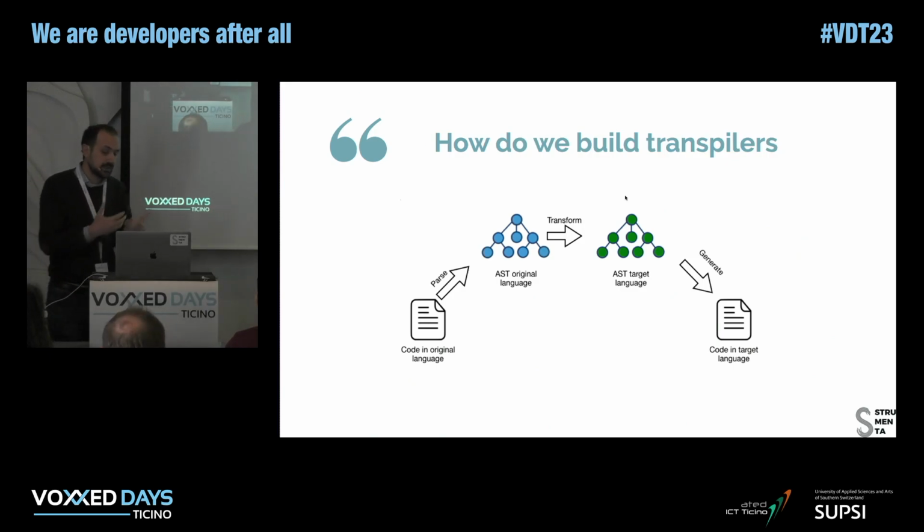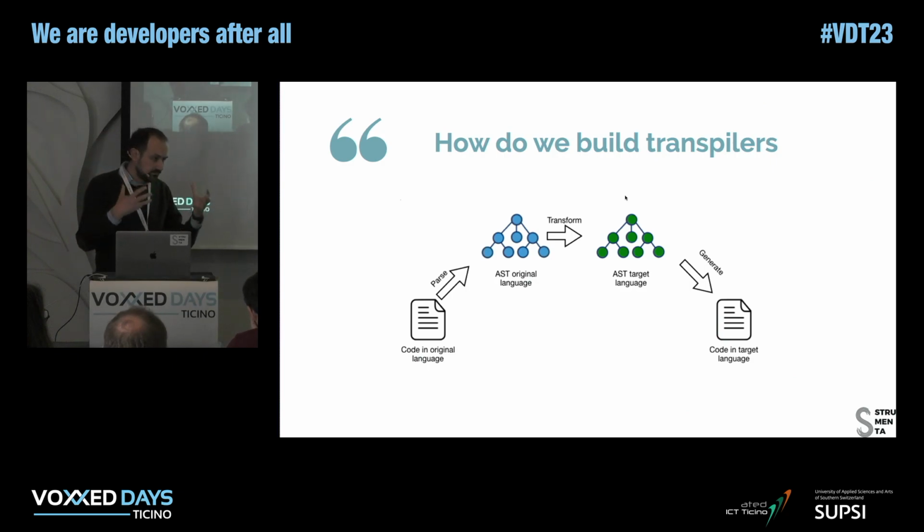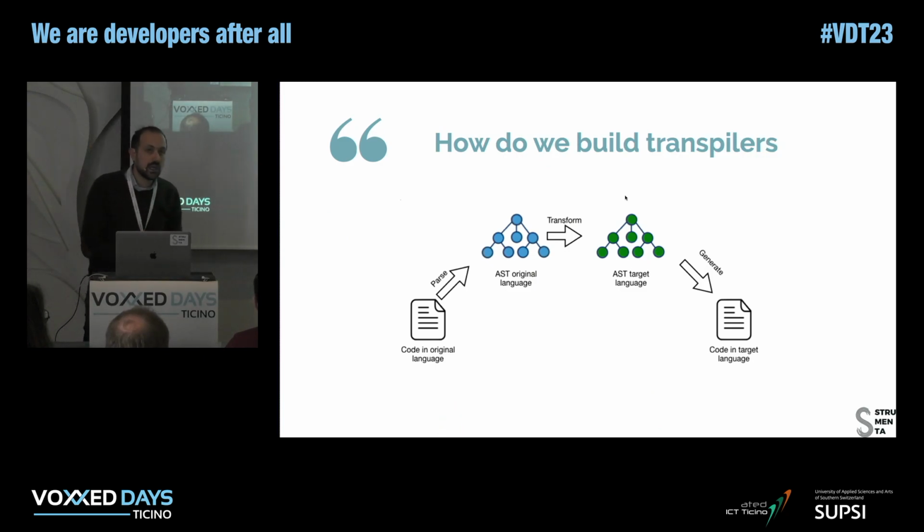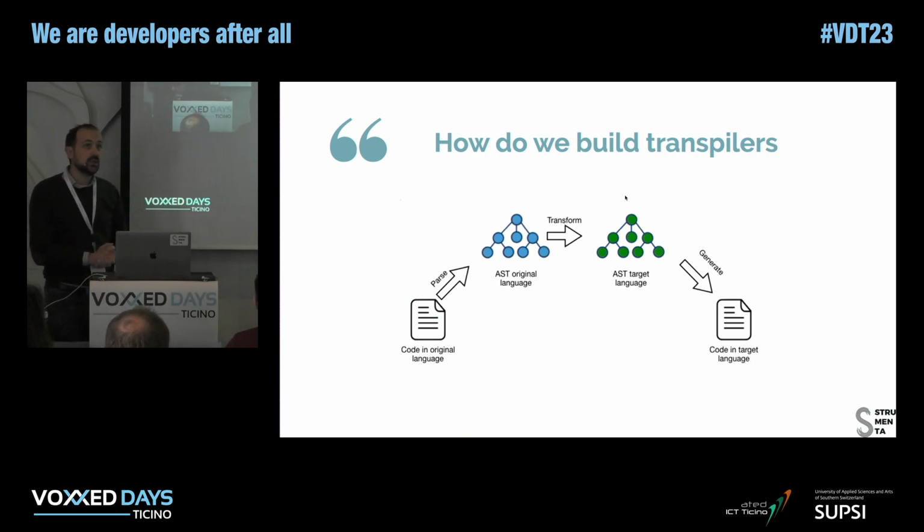So we build an in-memory representation of the information that we want to put in the target language so that we can refine it little by little. And also we don't need to produce the target code in a linear way.